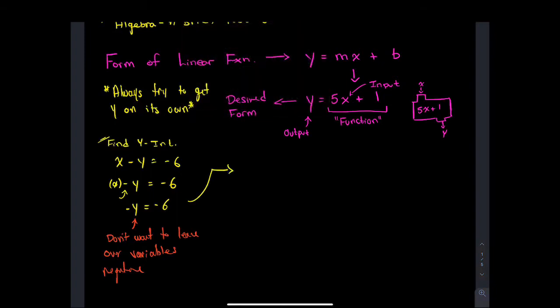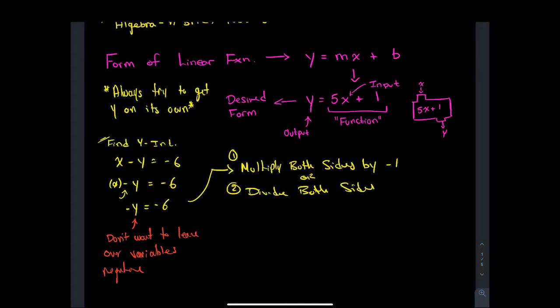You can do one of two things. You can either multiply both sides by -1, or divide both sides by -1. One or two options there.